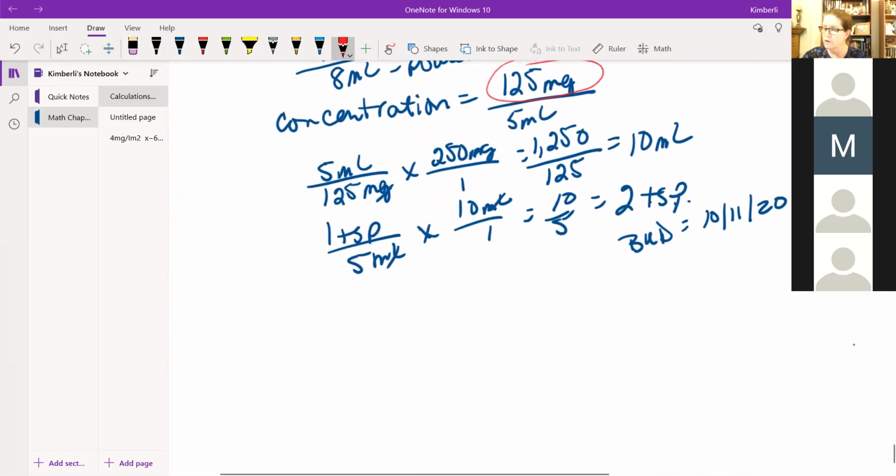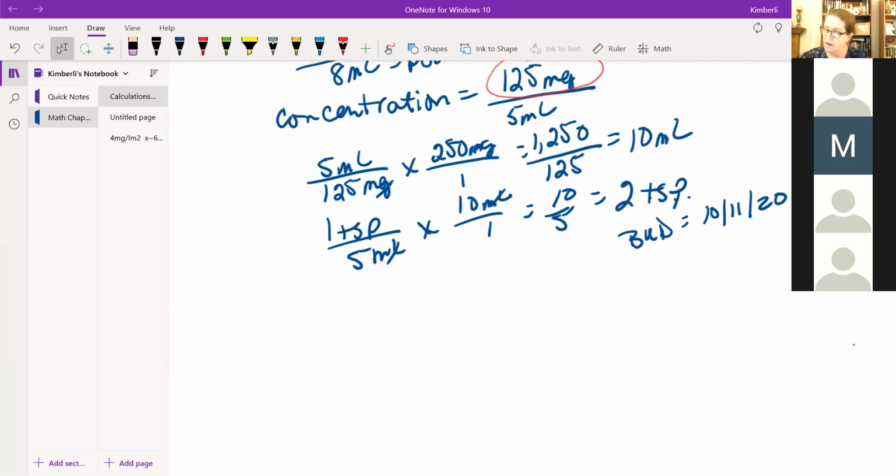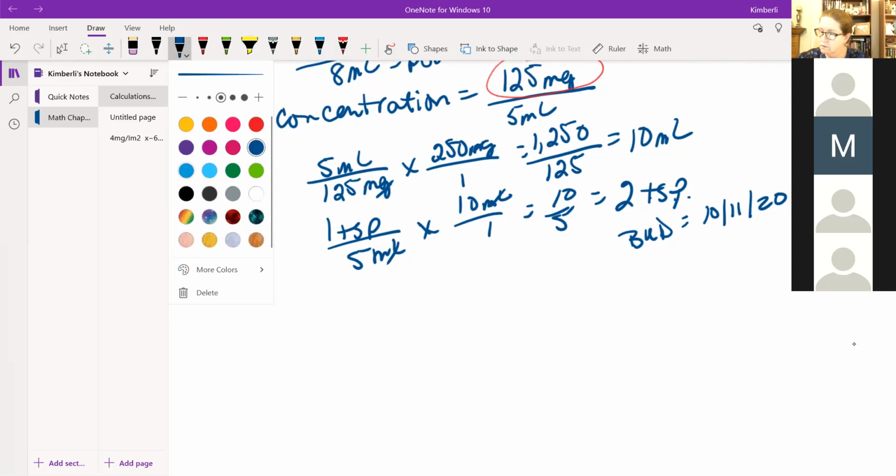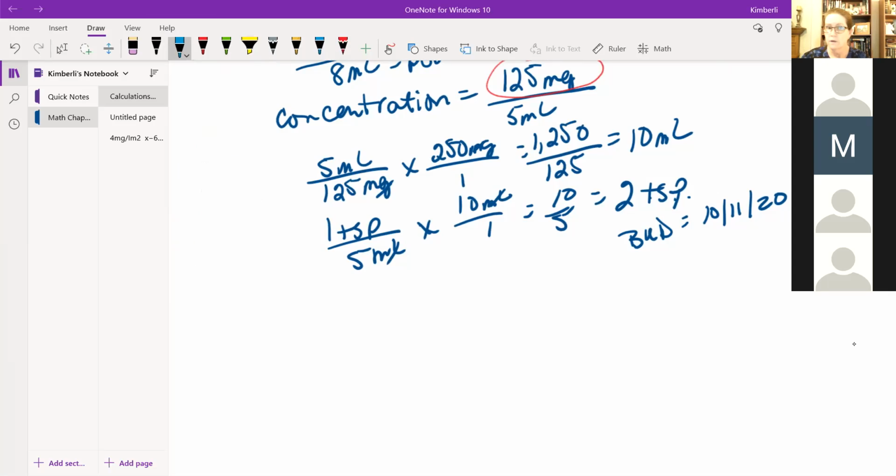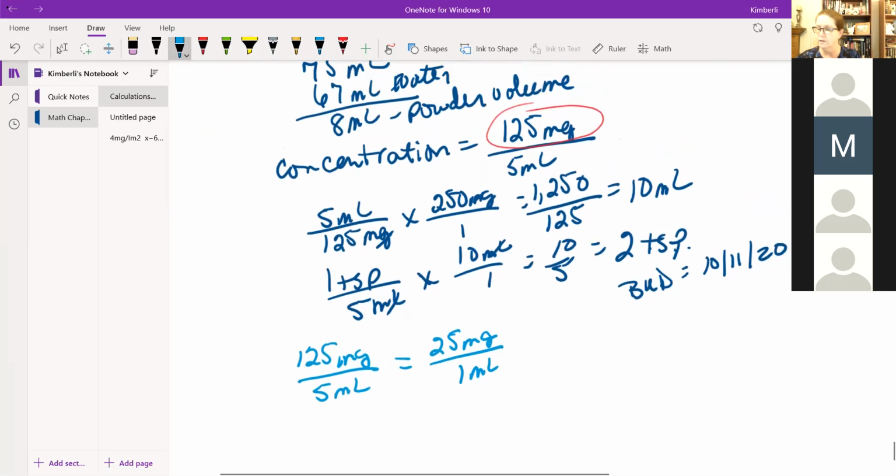So another way you can do this is you can say 125 milligrams over 5 mLs is equal to 125 divided by 5, 25 milligrams per 1 mL, which means your concentration is 25 milligrams per milliliter.